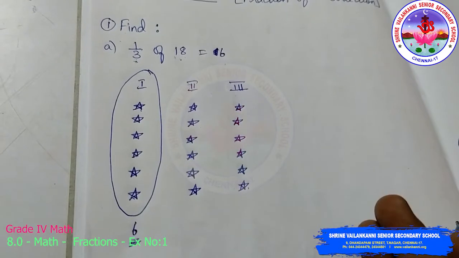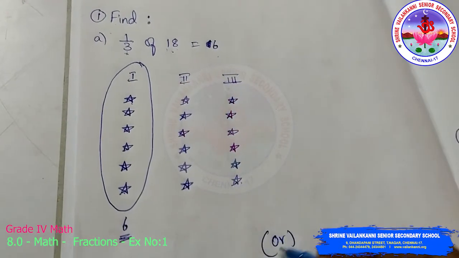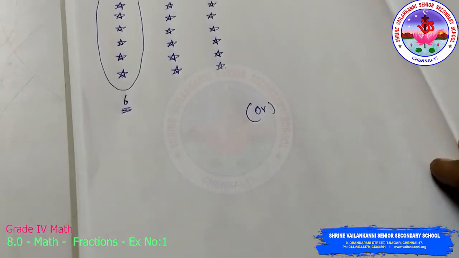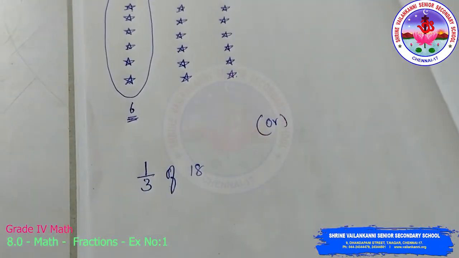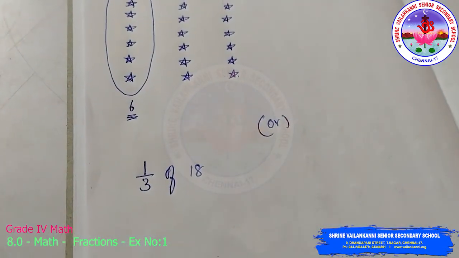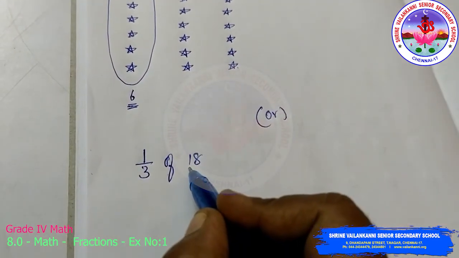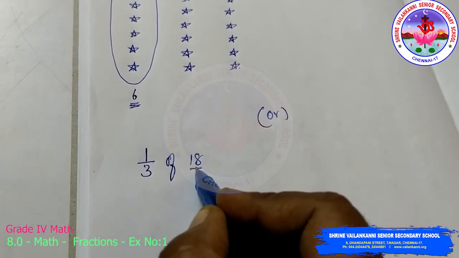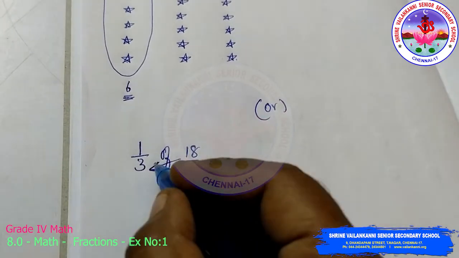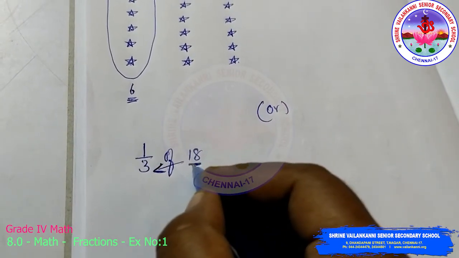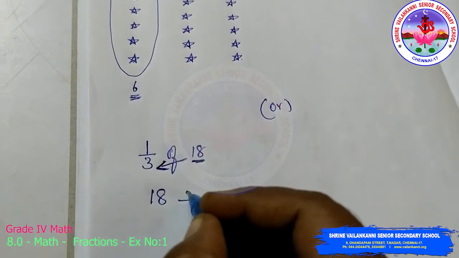Like this, for any fractions you can find it. Another method for this 1/3 of 18, I am going to use without drawing the pictures. This 18 has to be divided by this denominator 3, that is 18 divided by 3.